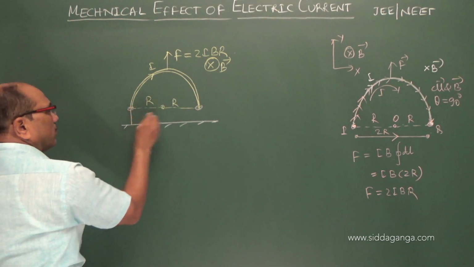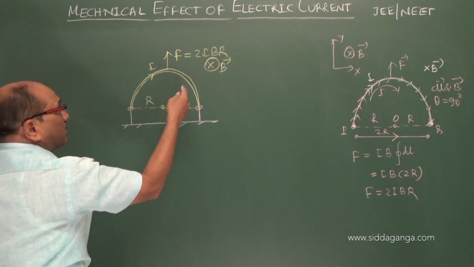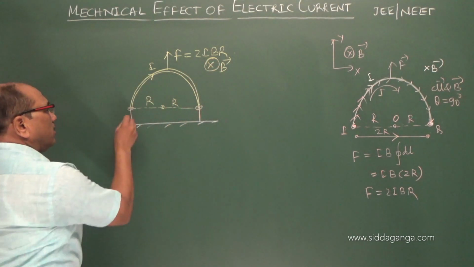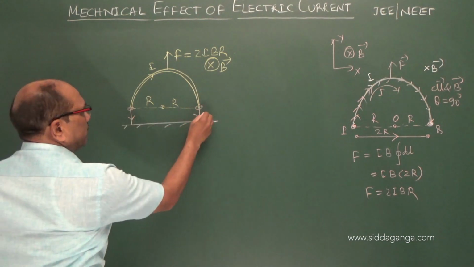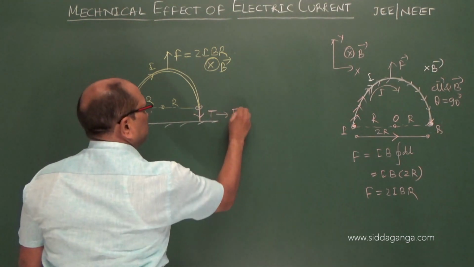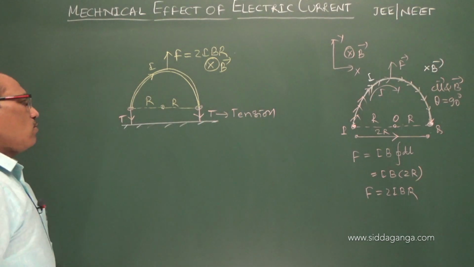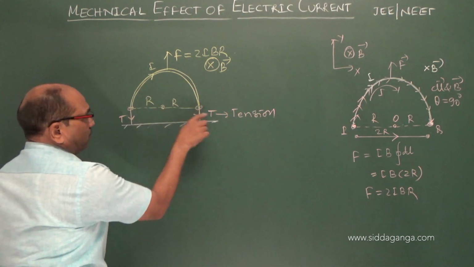a string, under the application of the current and the perpendicular field. Now there is a tension in the wire. The tension value can also be estimated from this. What is the tension in the wire which is fixed at the free ends?